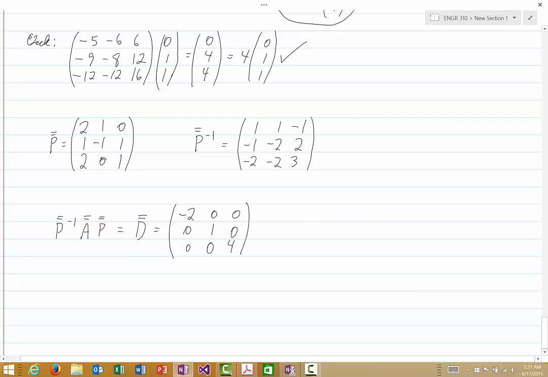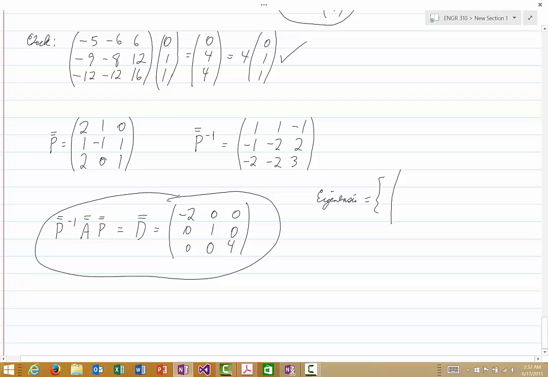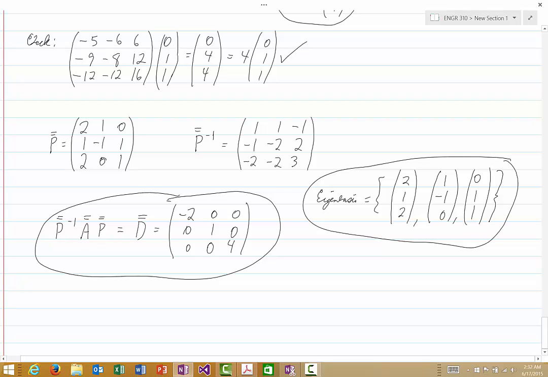And you can check that for yourselves. And the eigenbasis here is simply the eigenvectors 2, 1, 2; 1, negative 1, 0; and 0, 1, 1. And so that's how we would do this kind of a problem for a 3x3 matrix.